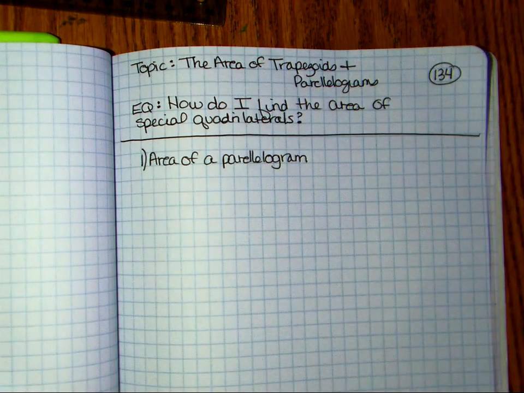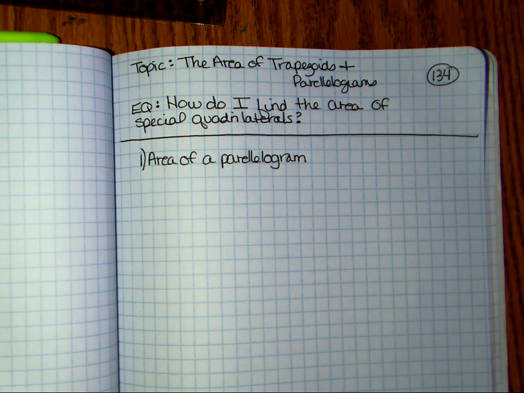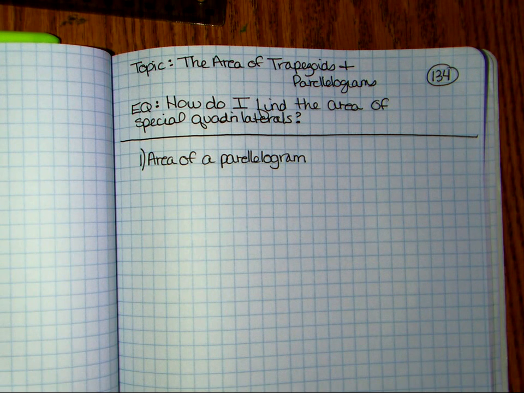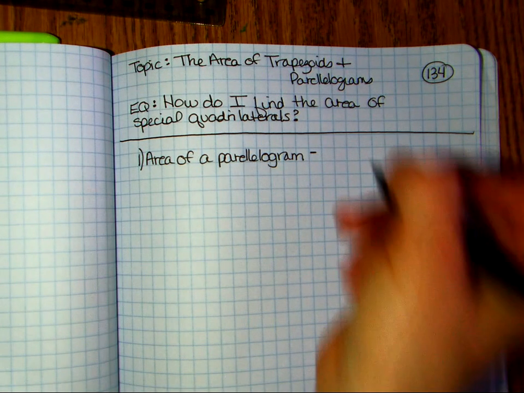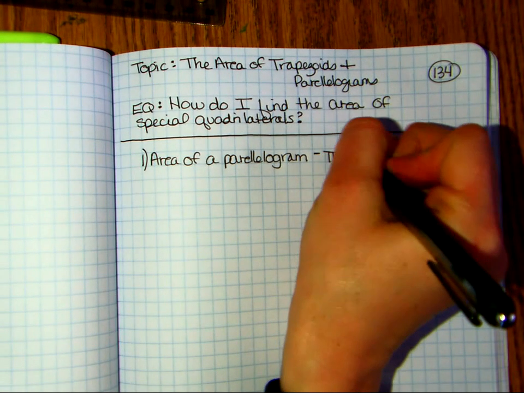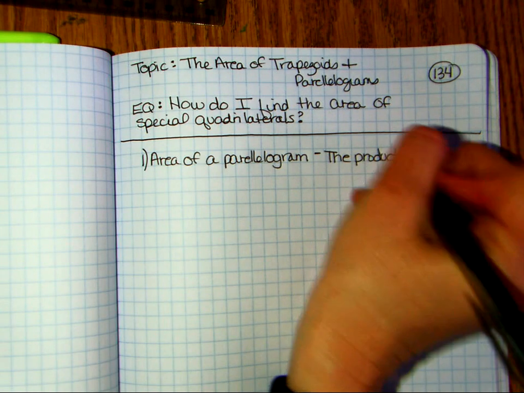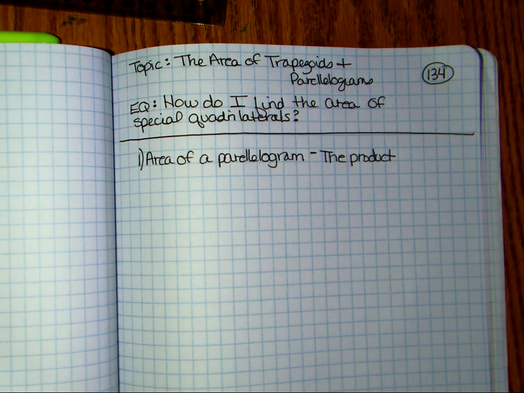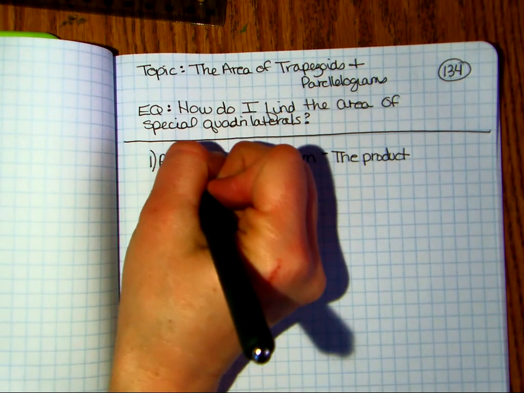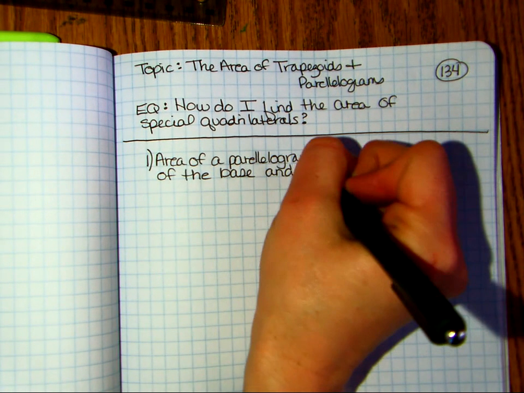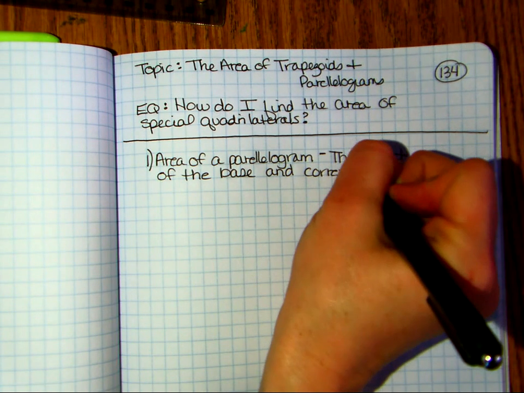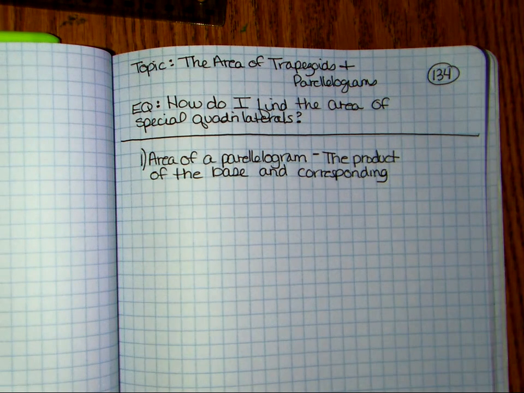A parallelogram is a four-sided figure that has two congruent sides opposite each other that are going parallel. When we are doing the area of a parallelogram, we are going to find the product of the base and corresponding height.